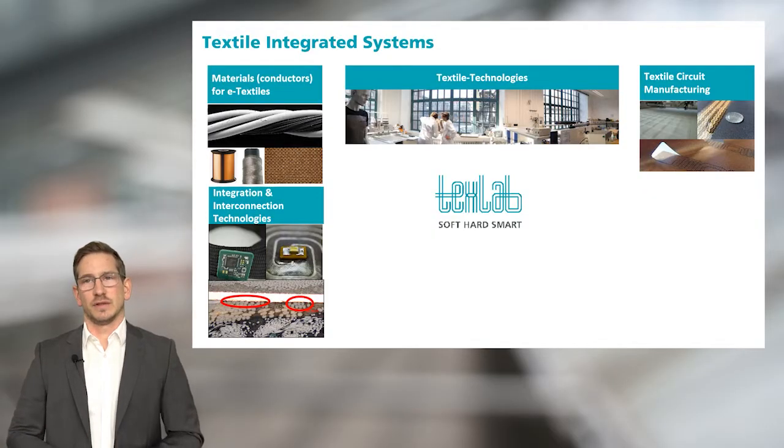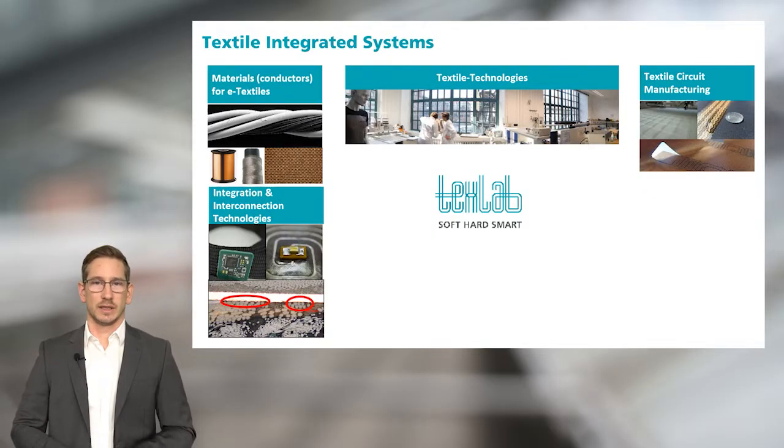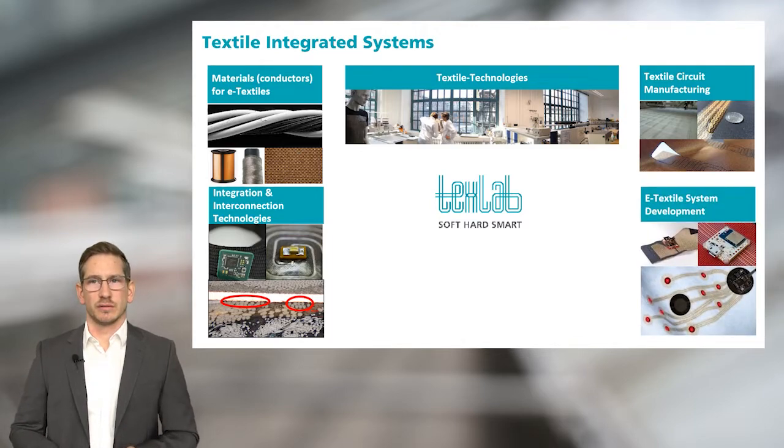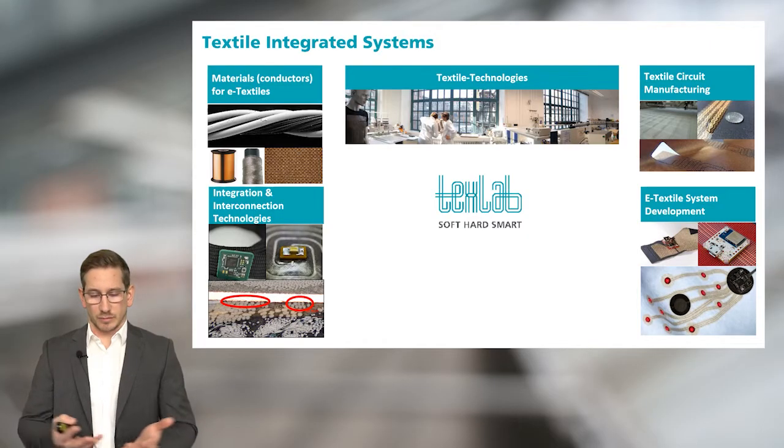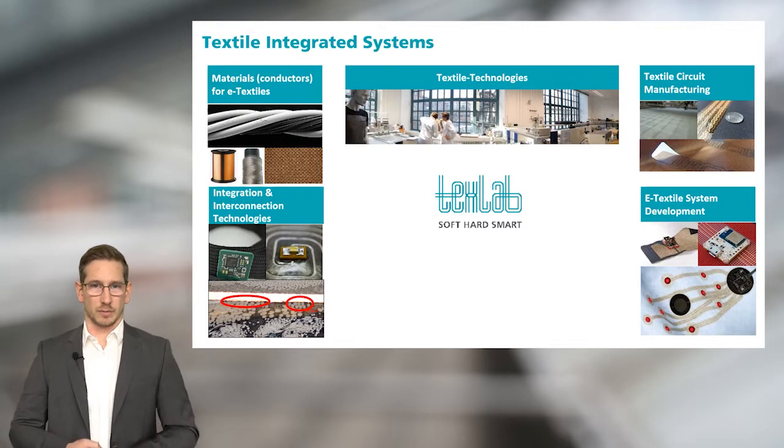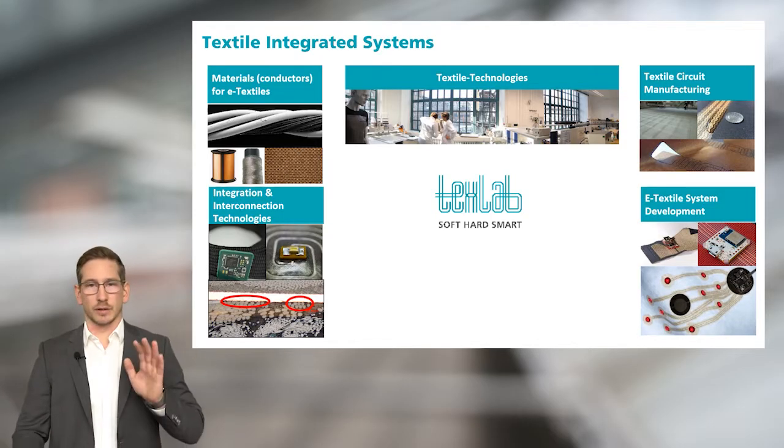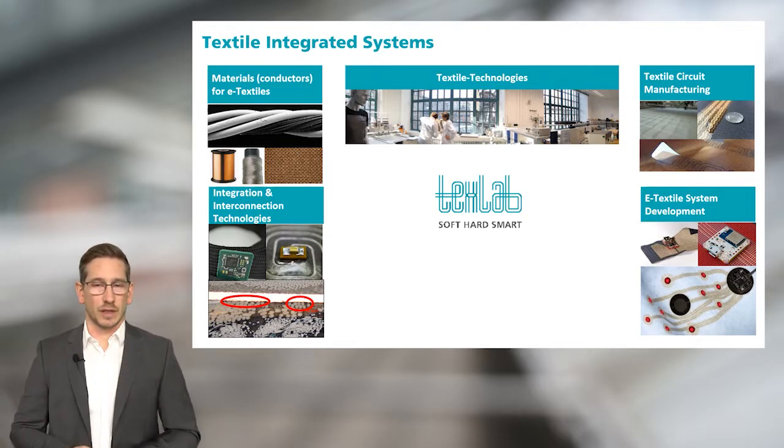For the E-textile field particularly, it is important to follow maybe a different systems design approach, because in the textile circuit manufacturing, you don't have this huge freedom of designs that you, for example, have in the PCB world, where you can have 10 to 16 different layers of electronic conductors and with vias and ultra fine pitch tracks and traces.